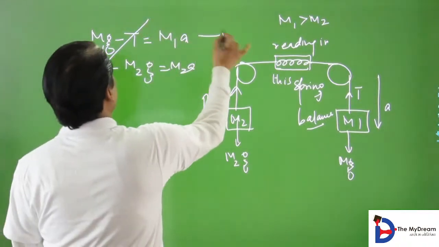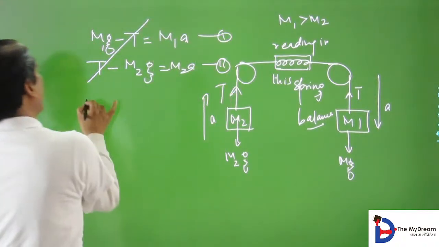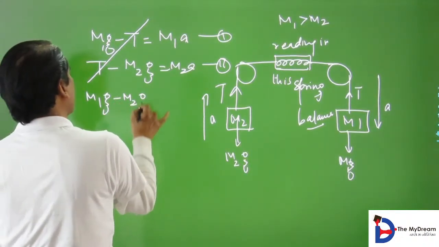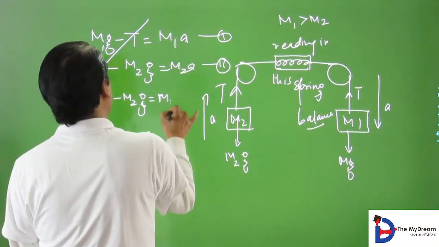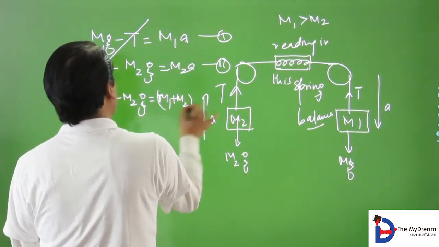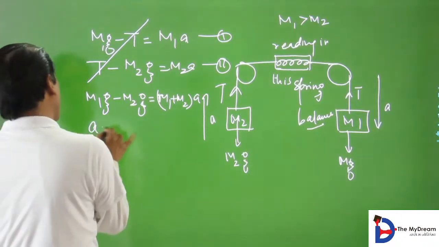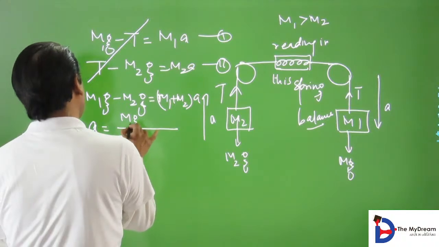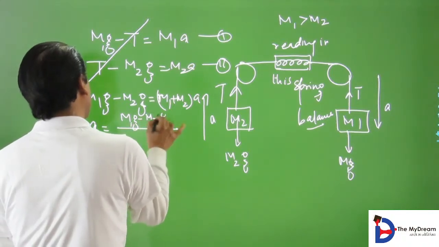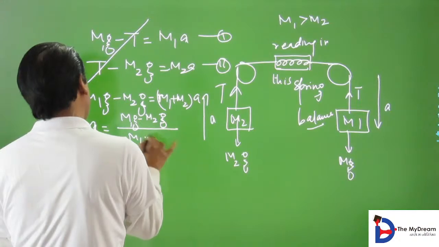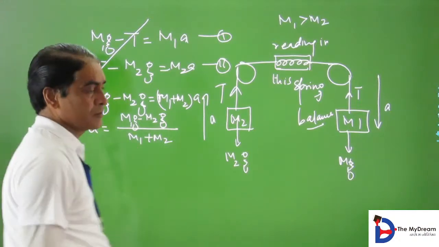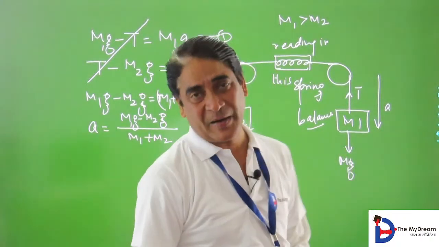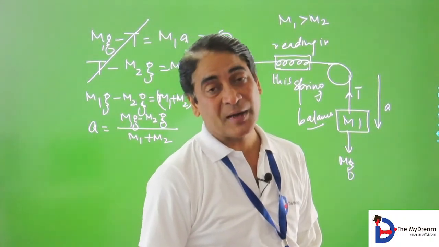On adding, you will get M1g minus M2g, which is equal to M1 plus M2 into a. So a is equal to M1g minus M2g divided by M1 plus M2. And you want to know the reading in this spring balance, it means you want to know the tension.